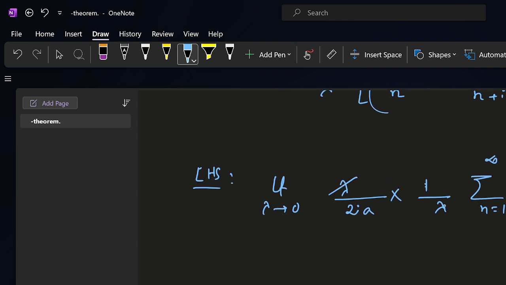Okay, so this lambda and lambda cancels out.